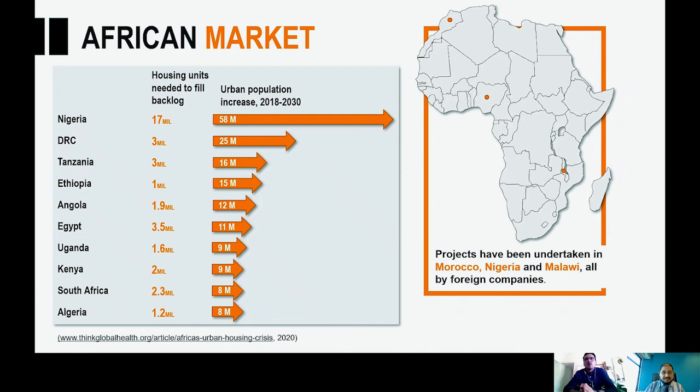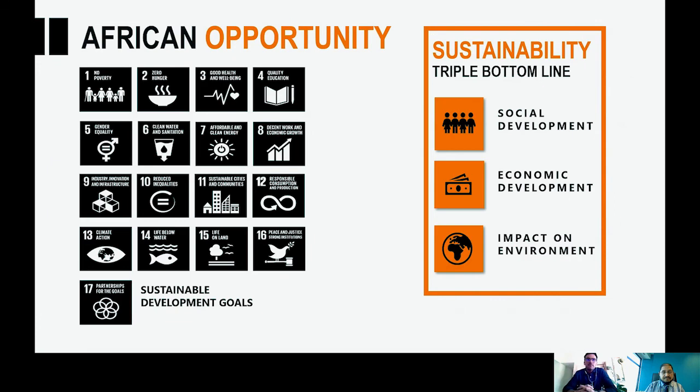So this is not really getting any better for us at the moment, and we really do require innovative solutions to solve this problem. And on this topic, what's the African opportunity? The UN ratified 17 Sustainable Development Goals, which are largely focused on how we can sustainably develop and how we can move forward together.